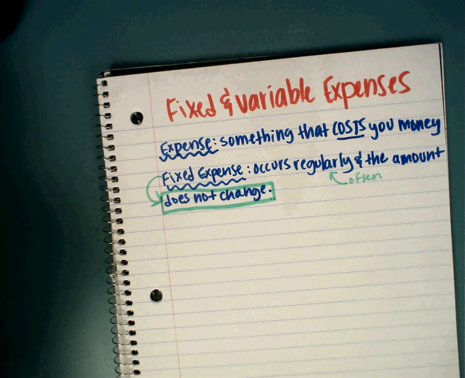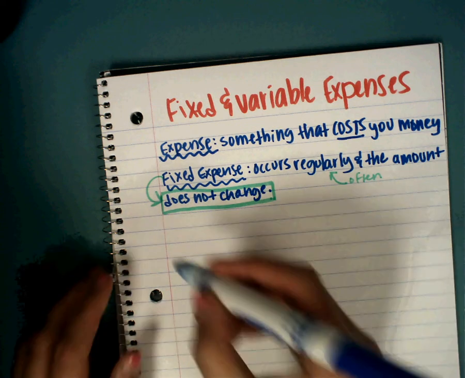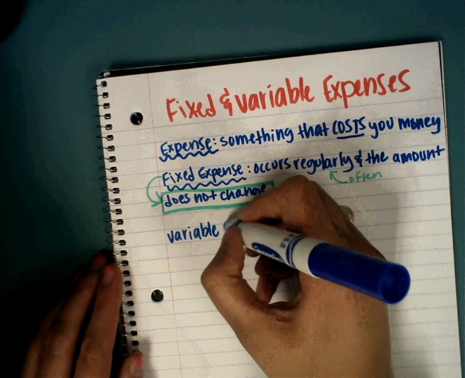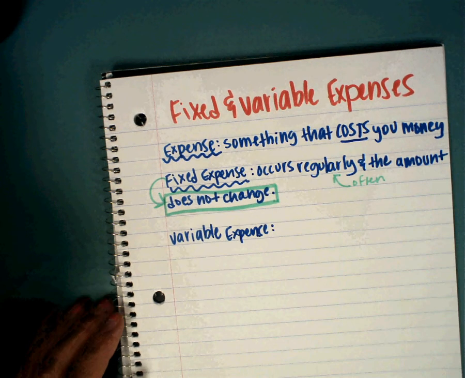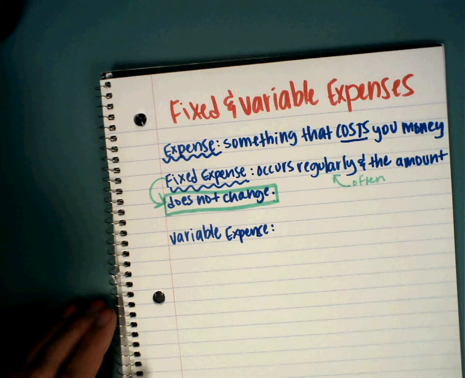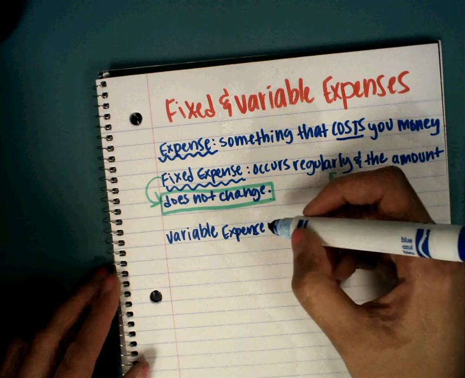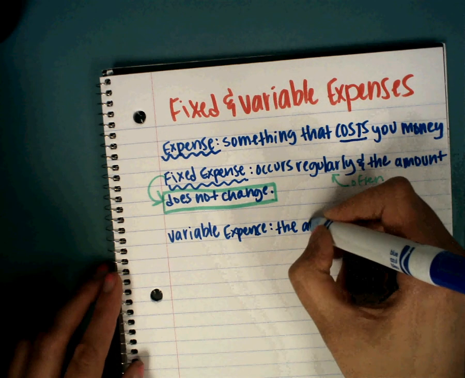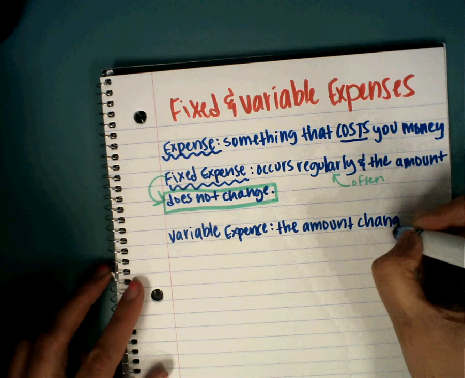The other kind of expense is a variable expense. Okay? Variable means does change, right? So expenses where the amount changes based on need or choice. The amount changes based on need or choice.